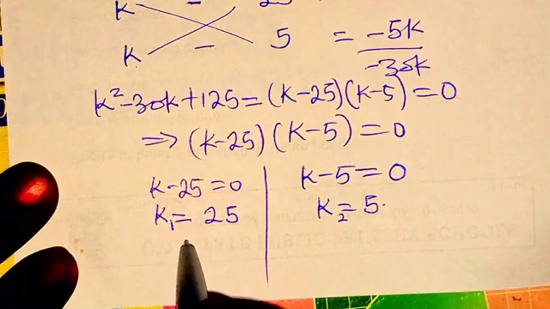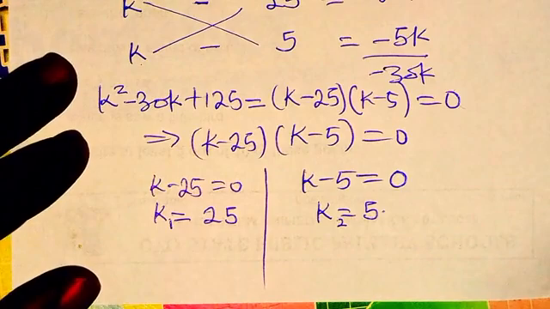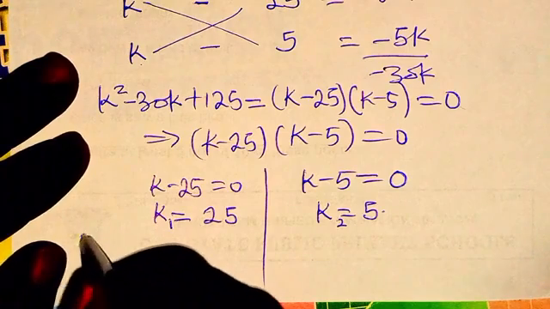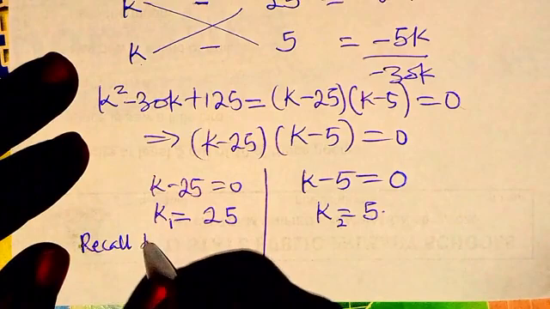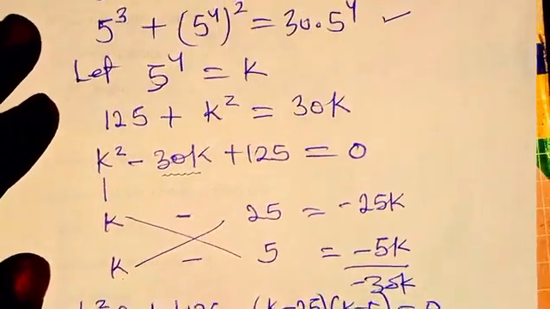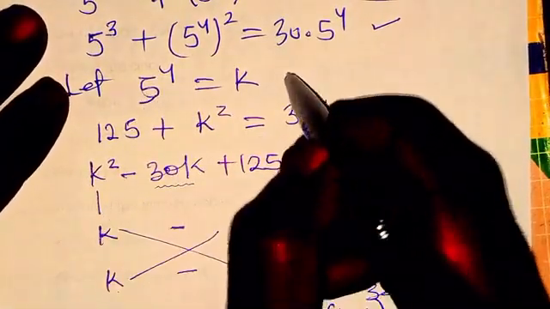So here, I'm going to be having this to be, since we have k1 to be, so now let's recall. If we recall that we set k to be 5 to the power y here.